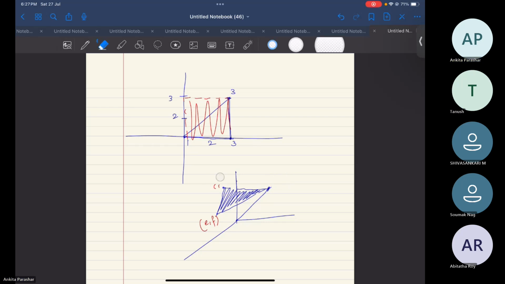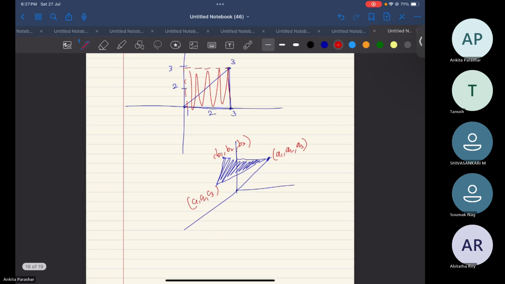Yeah. A1, A2, A3, and C1, C2, C3. So we can do A vector minus B vector and C vector minus B vector, and then I think we can complete the parallelogram and compute the area.